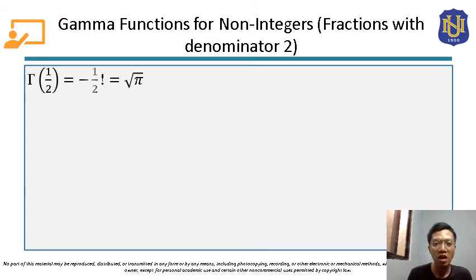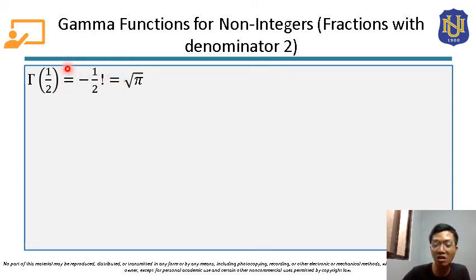For this, we are going to use this established equivalent: the gamma of 1/2. If we apply factorial, the gamma of 1/2 is just 1/2 minus 1 factorial, and that is actually negative 1/2 factorial, right?